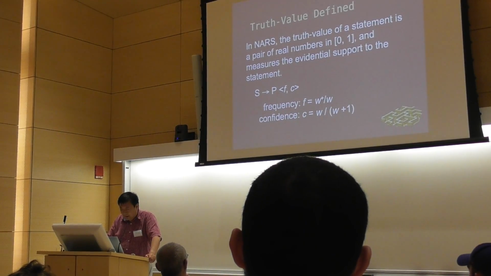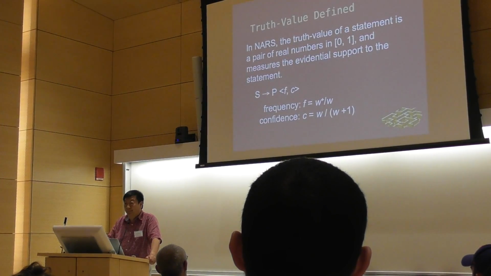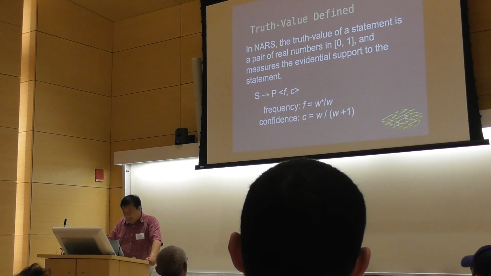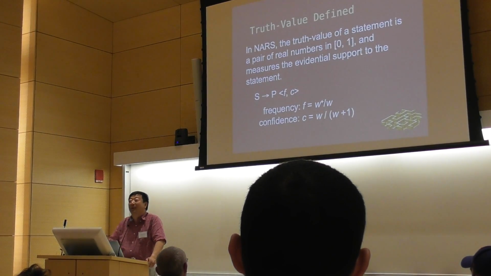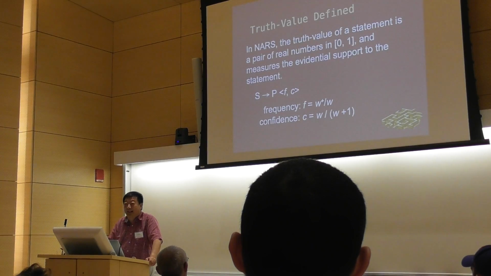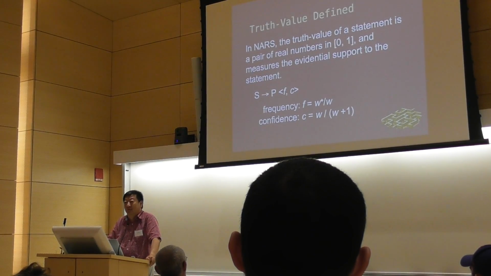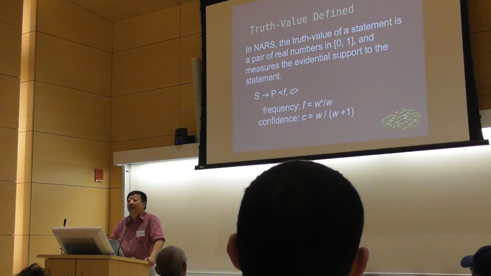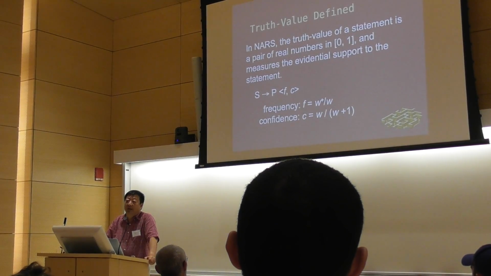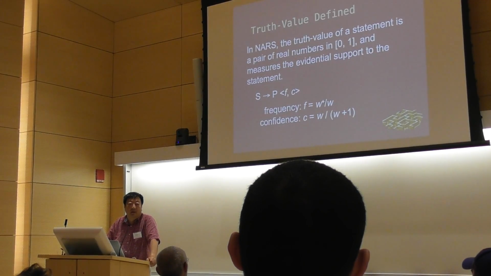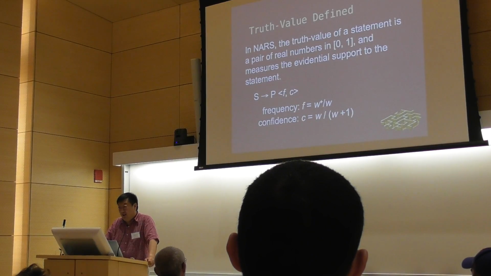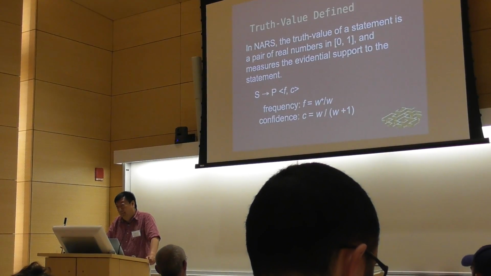Well, to make a long story short, actually it doesn't have to be plus 1. It can be plus 2 or 3. But the intuition is we need a measurement to measure how much you know about that thing.